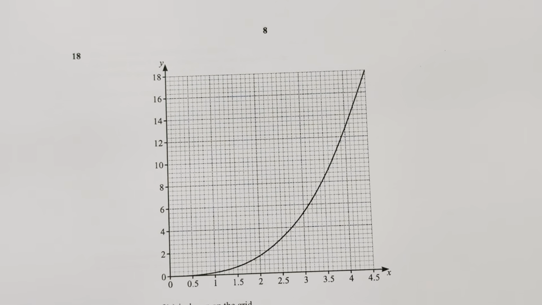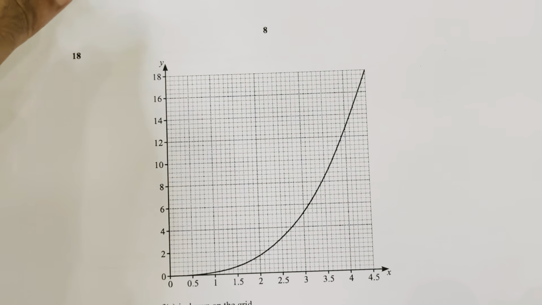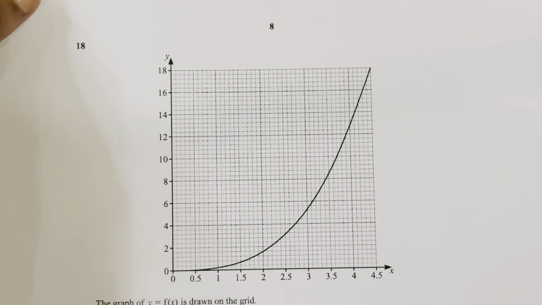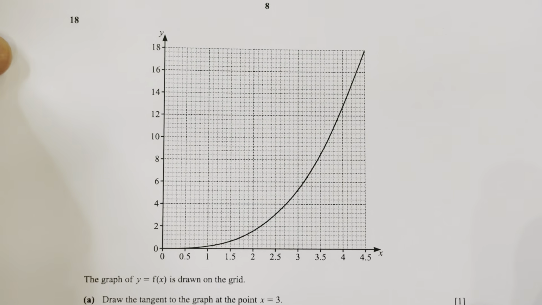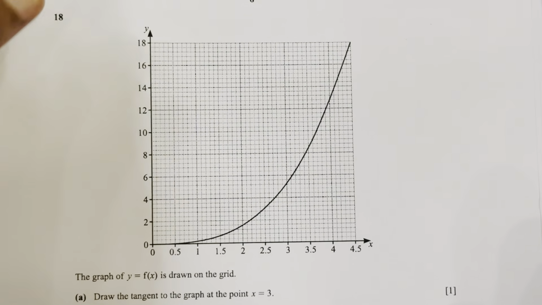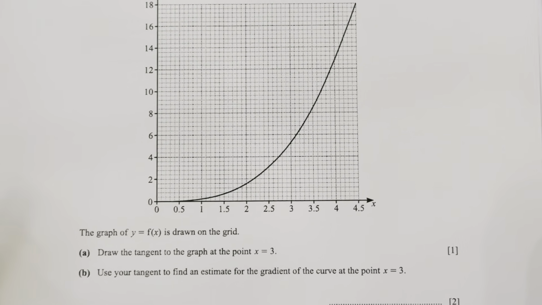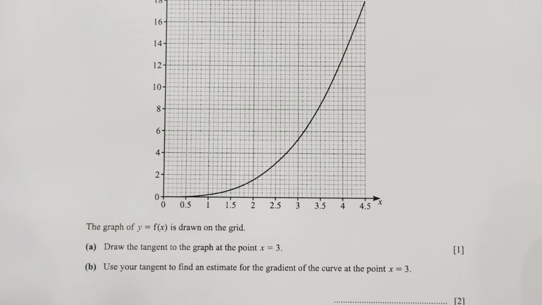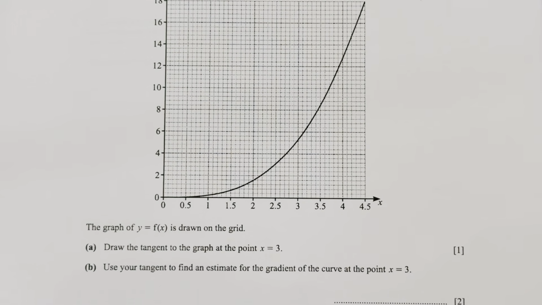Moving to question number 18. Question number 18 is that the graph y is equal to f of x is drawn on the grid. Draw the tangent to the graph at point x is equal to 3.